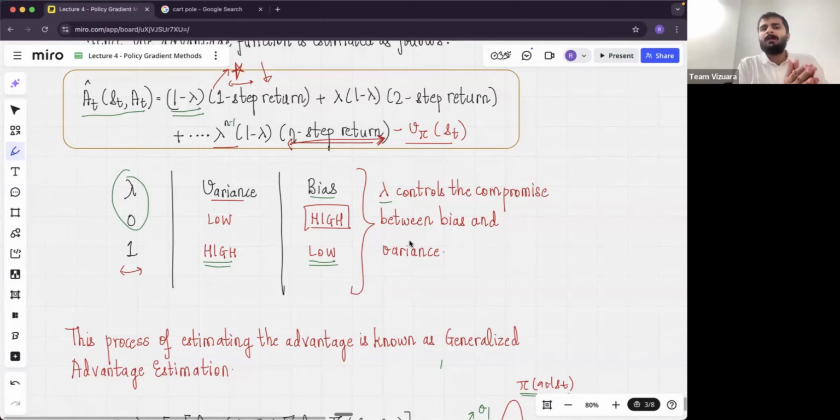And to find theta, we need to first define a performance measure, which was defined as J of theta. The performance measure in our case is the value function of the start state of the episode, which is the expected return my agent is going to get from the start to the end of the episode.